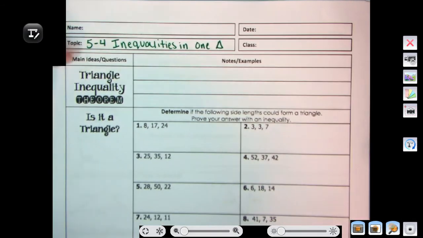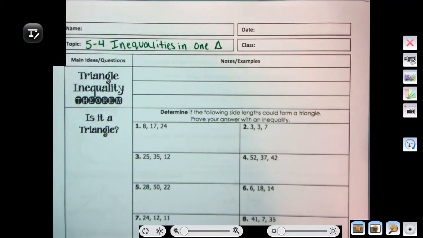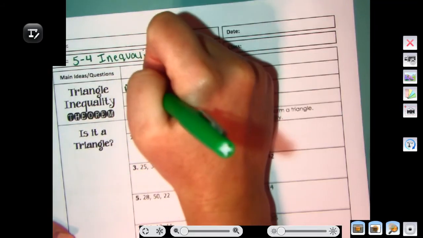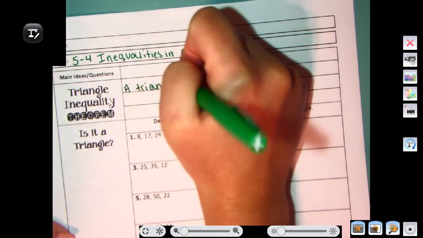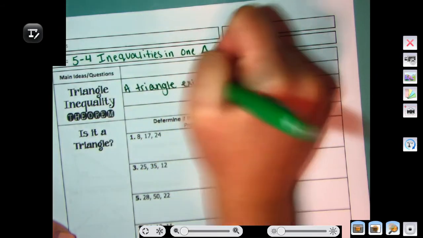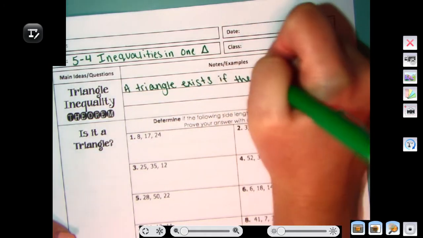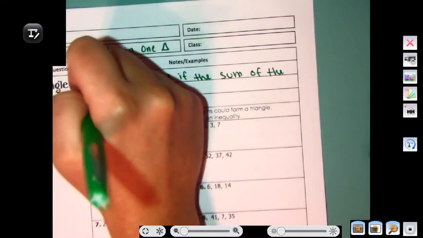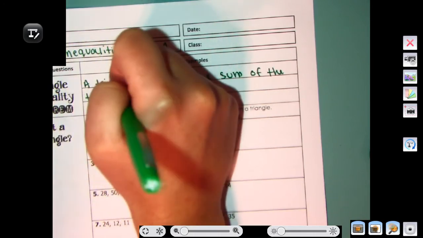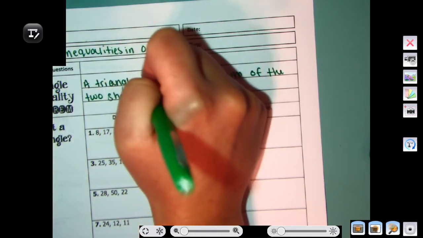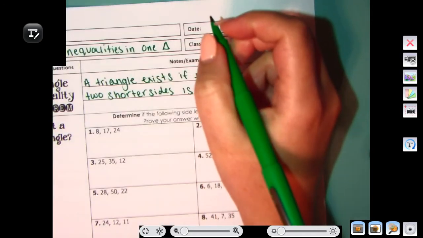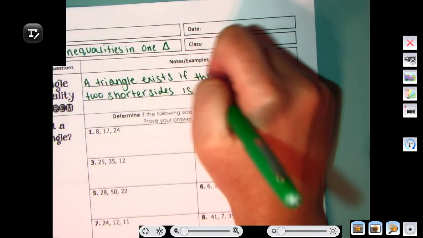So let's talk about the triangle inequality theorem and what that is. This theorem says that a triangle exists if the sum of the two shorter sides is larger than the third side.